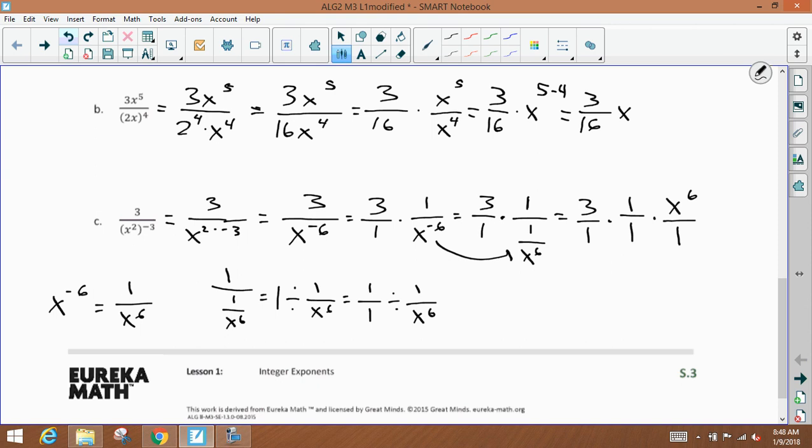Now my rules of fractions tell me that if I'm dividing a fraction by a fraction, I take my divisor, flip it, and multiply it by my dividend. So this becomes 1 over 1 times x to the 6 over 1. And that's how I went from this to this.